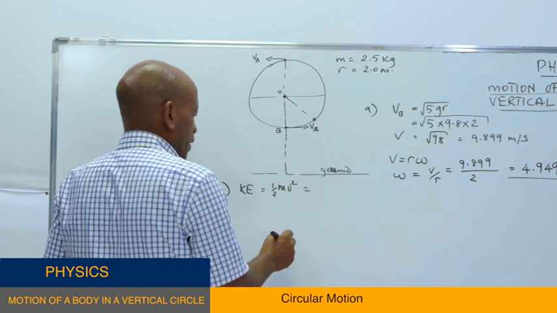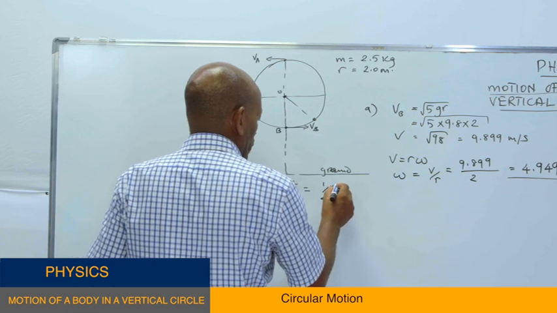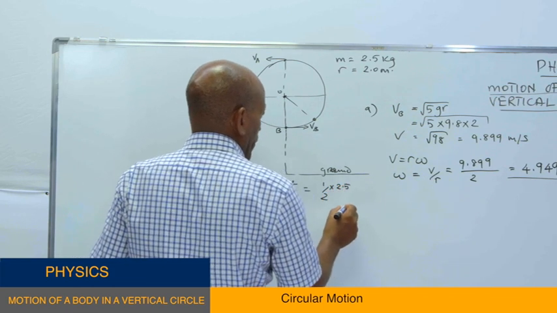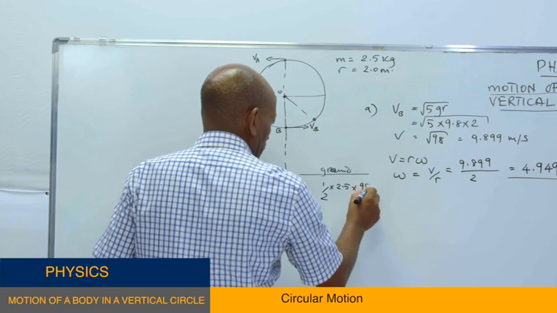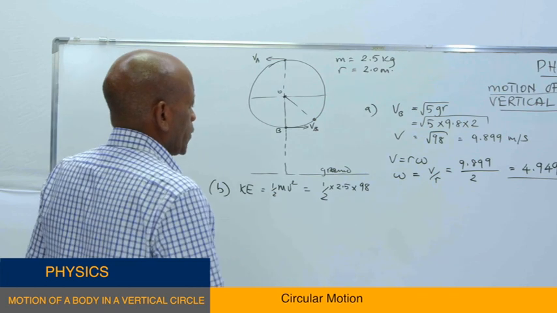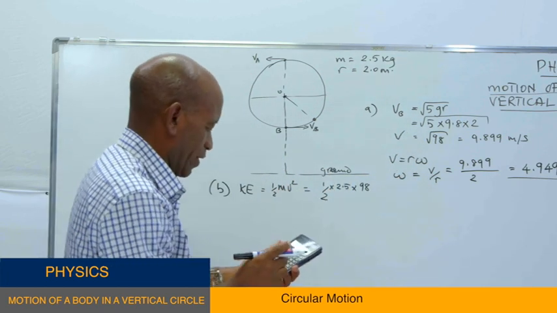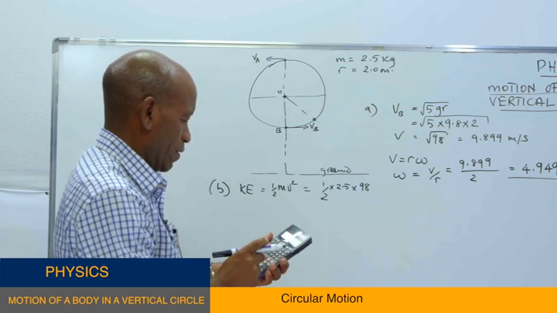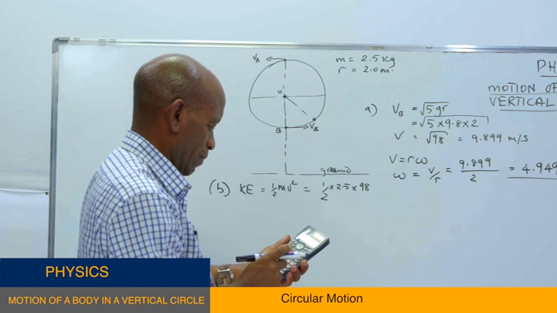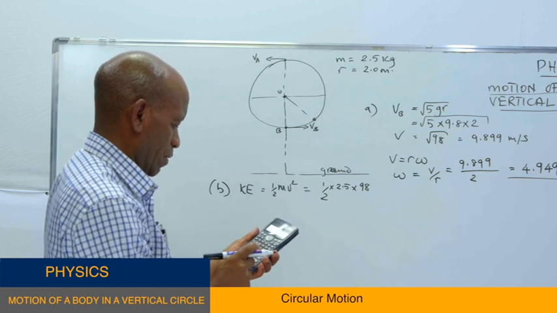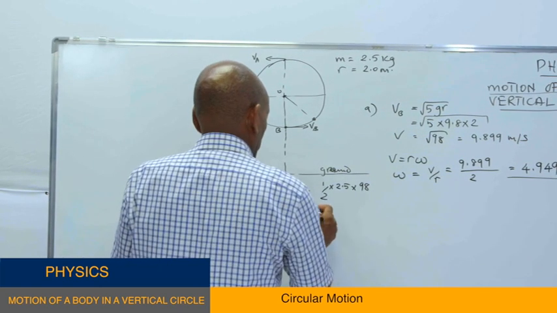We substitute: a half, the mass is 2.5, and velocity squared is 98, from what we have obtained above. So this gives us the kinetic energy, 98 times 2.5, which is equal to 122.5.